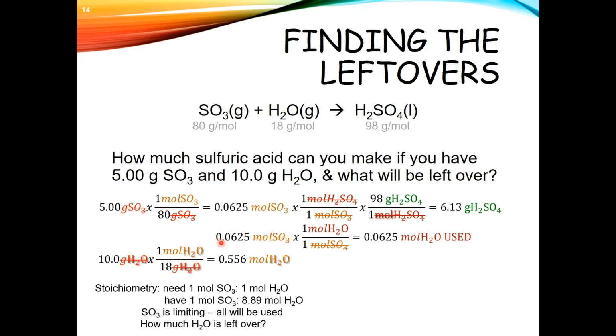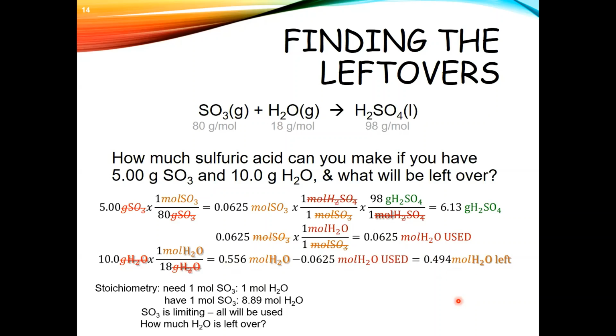So we'll take this 0.0625 moles of SO3, multiply by the mole ratio between water and SO3, which in this case is 1:1, and we find that we used up 0.0625 moles of water. So that's how much was used, and we started with 0.556. Hopefully you can guess the next step, but if not, here it is. We're going to take what we started with, subtract what we used, and that's going to give our leftover amount of water.